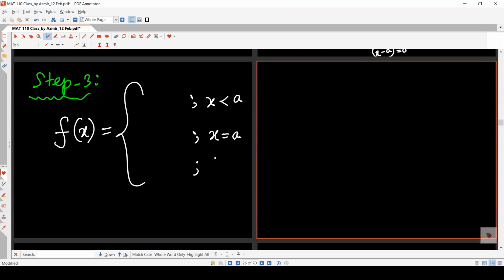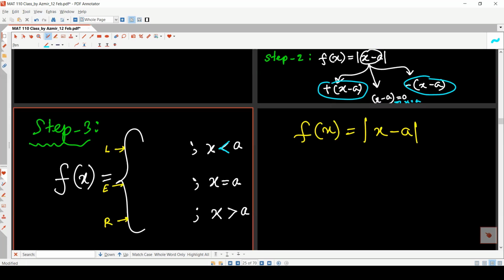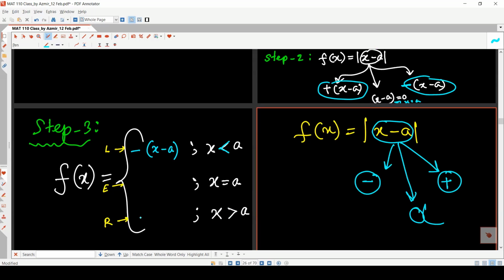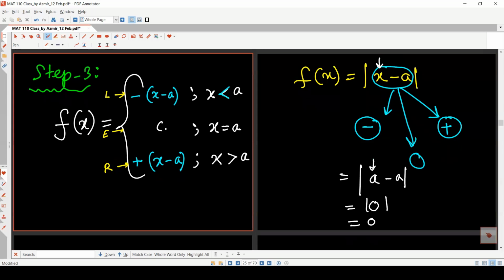And in the last part, you can write x greater than a. For x less than a, we will plug the minus part. So minus x minus a. For greater than, we will use plus x minus a. Here, the function is 0. So finally, we have 3 parts: minus x minus a, 0, plus x minus a. So this is how we can construct a piecewise function from a modulus function.